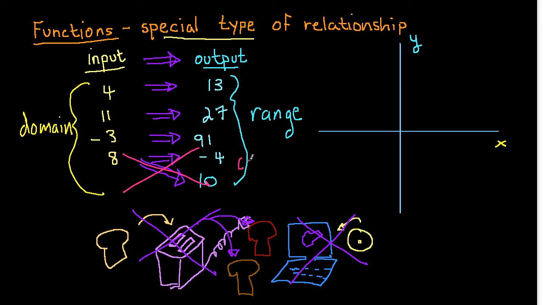Here we're stating it in the negative: we can't have more than one output for a given input, or it's not a function.